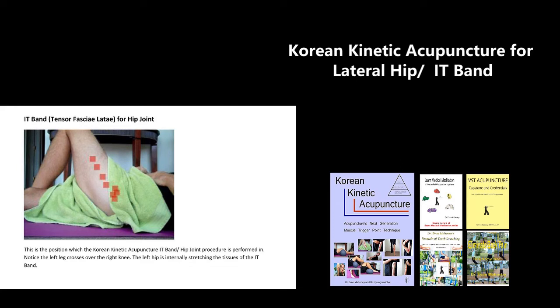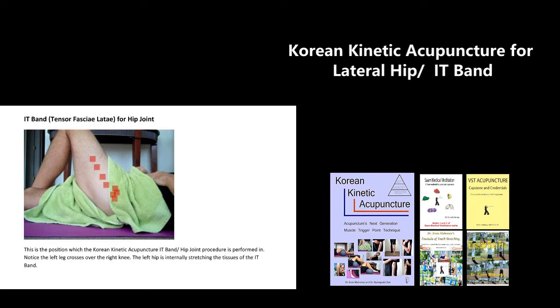The IT band tensor fascia latae for hip joint kinetic procedure. This is the position in which the Korean acupuncture IT band hip joint procedure is performed. Notice that the left leg crosses over the right knee. The left hip is internally stretching the tissues of the IT band. So that's going to be the position, and we can needle in that position.